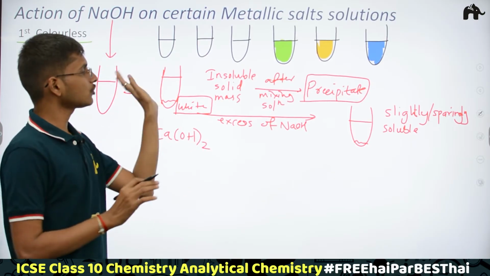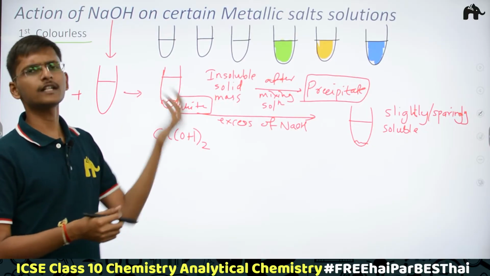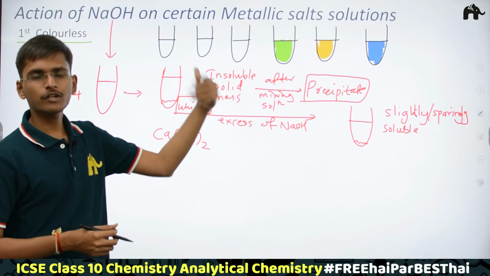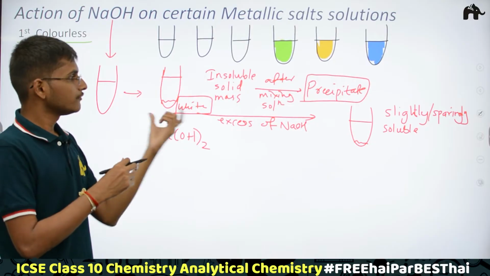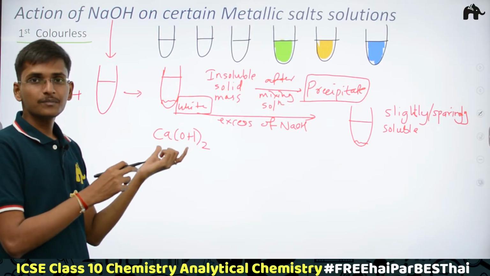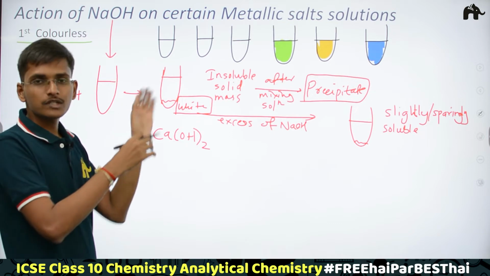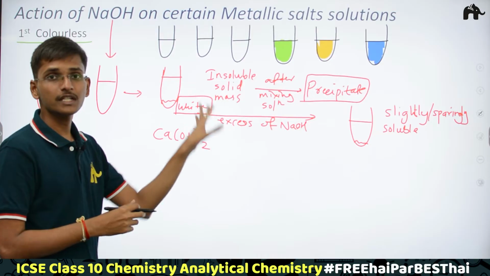Very simple. Out of these 6 metallic salt solutions, I have told you we have a calcium salt, zinc salt, lead salt, iron salts, 2 salts are there, and 1 is a copper salt. So out of these 6 salts, we are going to see each case like this: the precipitate which is formed after addition of NaOH drop by drop, and what happens to that precipitate when we add NaOH in excess.